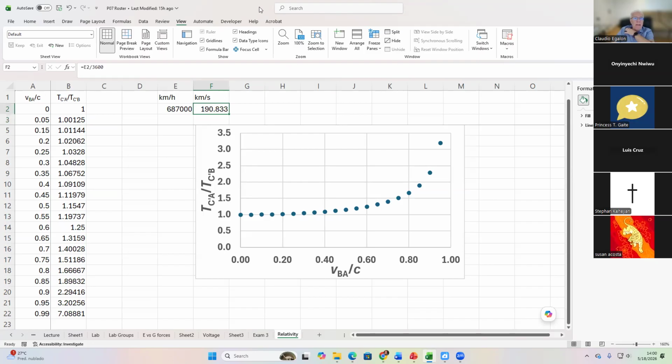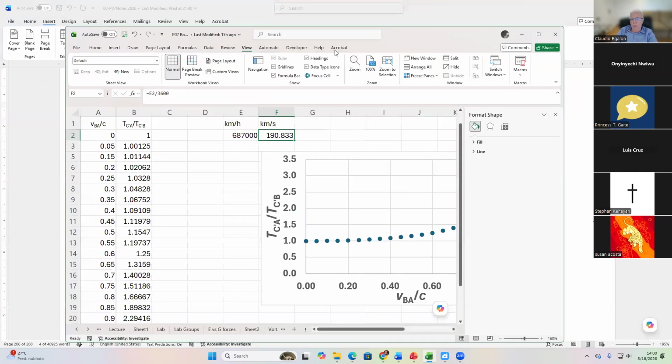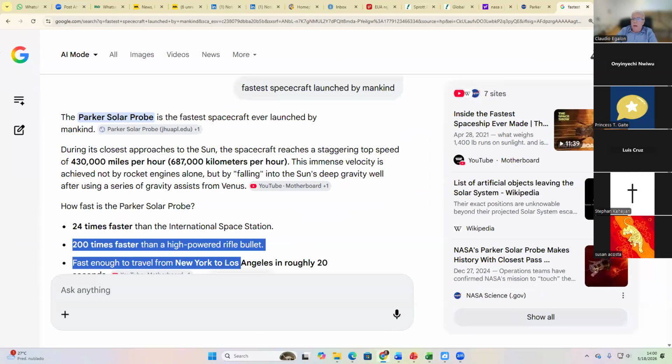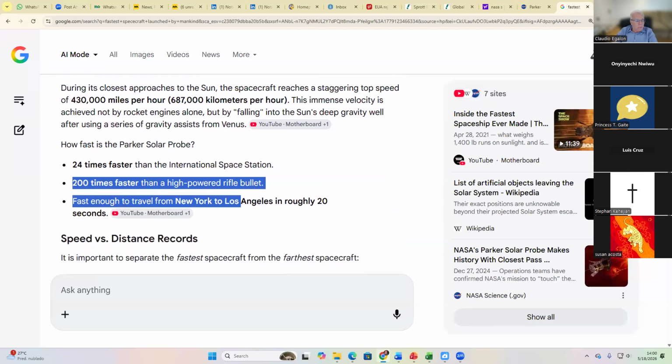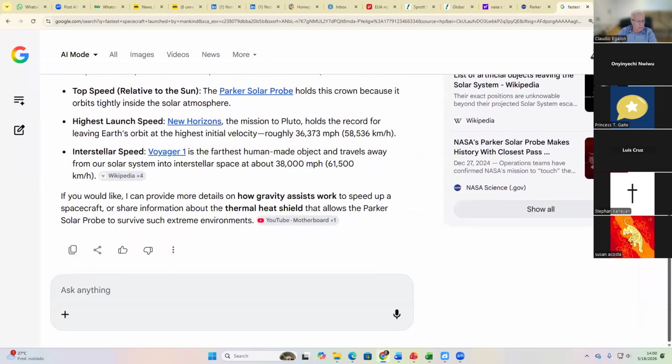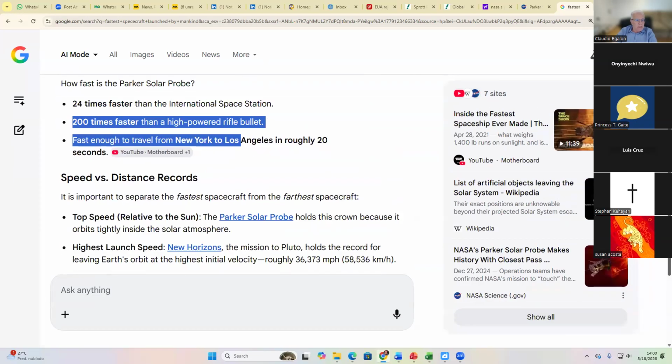Now we've got to find out whether that's the speed with respect to the sun or with respect to the Earth. They didn't mention it here.